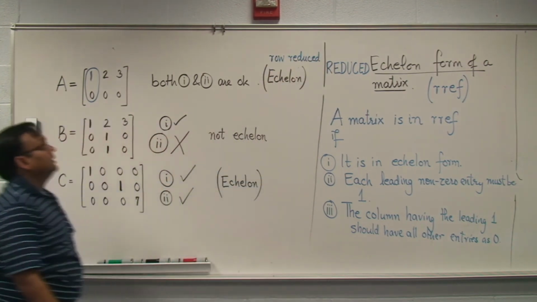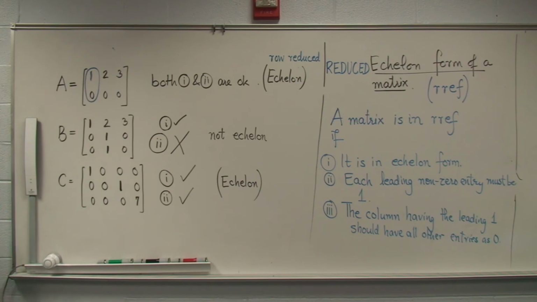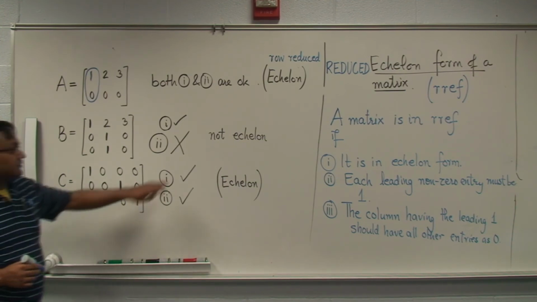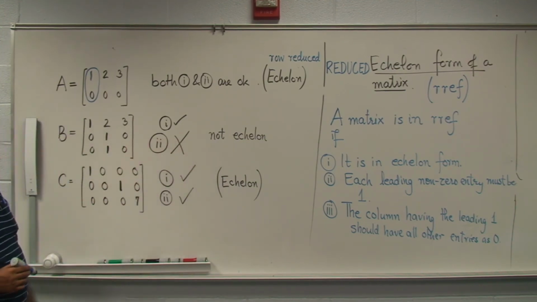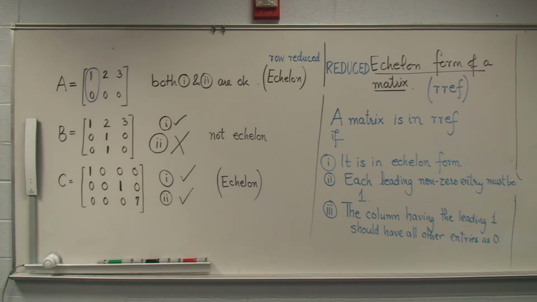Notice we are only concerned about the leading 1 and no other entry in that particular row. They could be 0, non-zero, 1 or not 1, we don't care about that. This is definitely not echelon, so it can't be row reduced echelon form. What about this guy? This is echelon. Is it also row reduced echelon? Well, it's in echelon, that's good. Each leading non-zero entry must be 1.